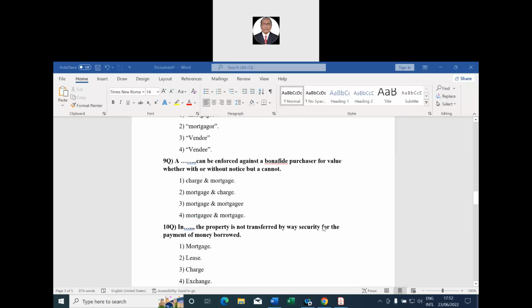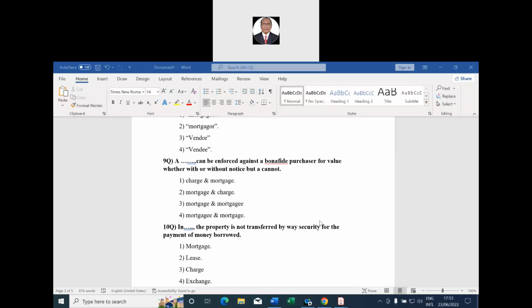10th question. In dash, the property is not transferred by way of security for the payment of money borrowed. Number 1, mortgage. Number 2, lease. Number 3, charge. Number 4, exchange. Try to shoot it, there are no negative marks.